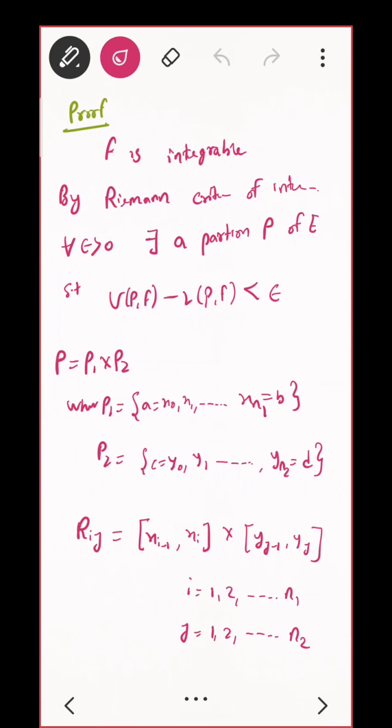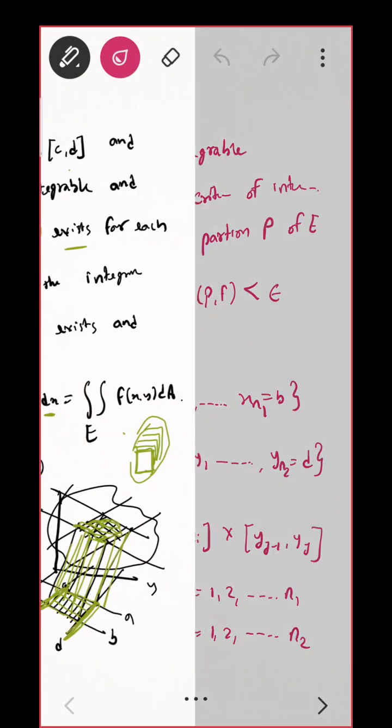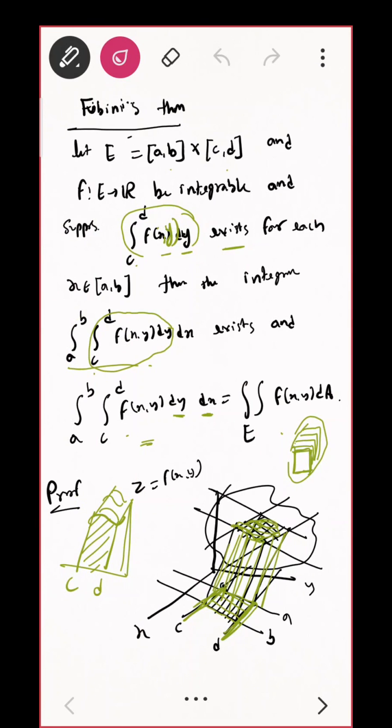See, I have not done anything basic so far, just the function is integrable, it was given, so I just used the definition, everything I wrote is correct. So let us go to the next part now. Let me tell you the logic. What do we want to do? We want to prove that this integral exists, the integral a to b of the integral c to d of f of x dx, exists, correct?